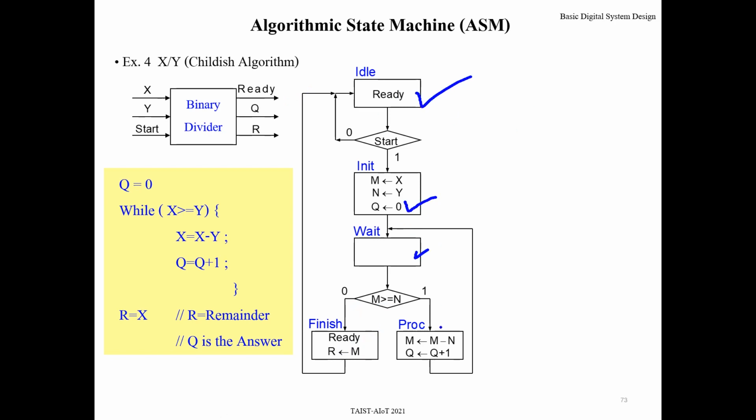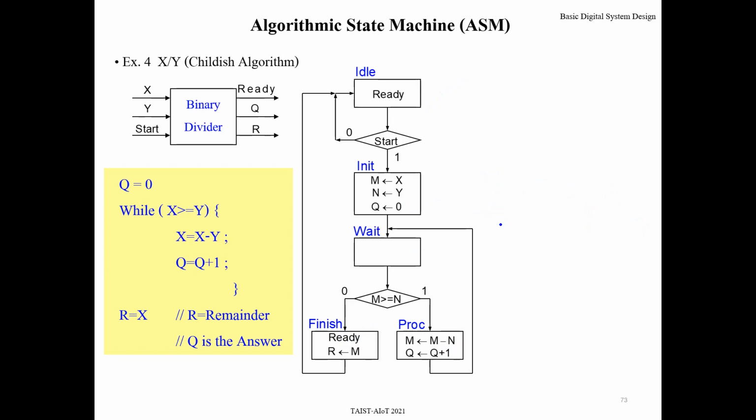So how many states does this one have? 1, 2, 3, 4, 5. 5 states. That means you need to use at least 3 flip-flops, right? For 2 flip-flops, it can represent 4 states, right? For 3 flip-flops, you can represent up to 8 states.